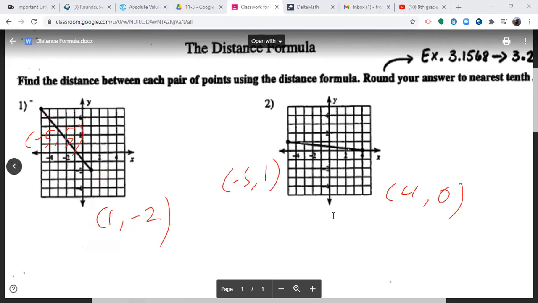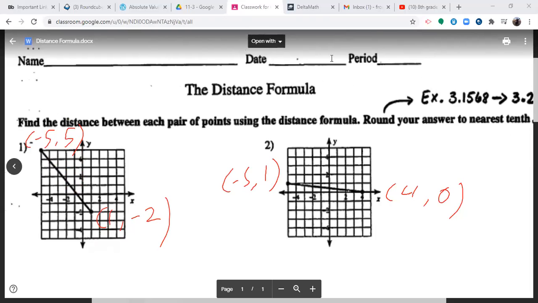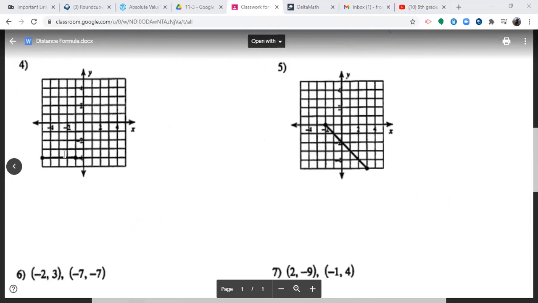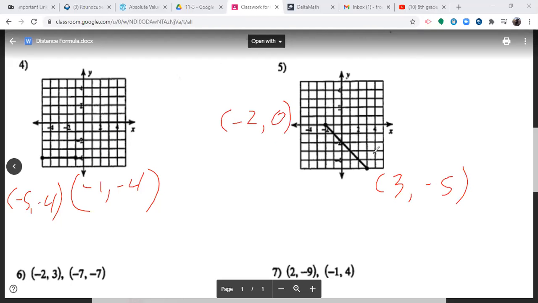So you can do that right there. Let's go down to this. This right here should be -1 and -4. And then the other point is -5 and -4. And the next one should be 3 and -5. And then -2 and 0.